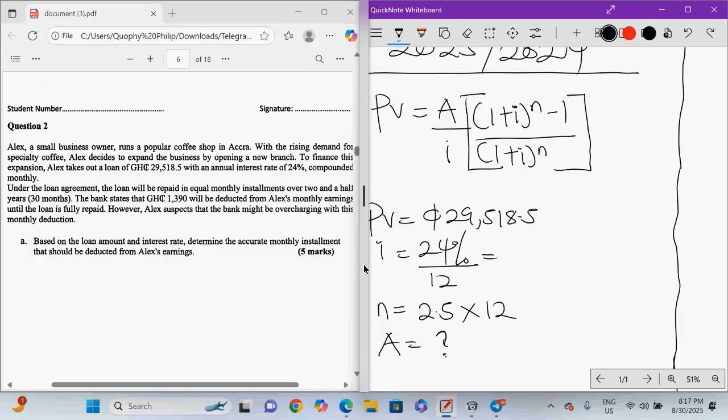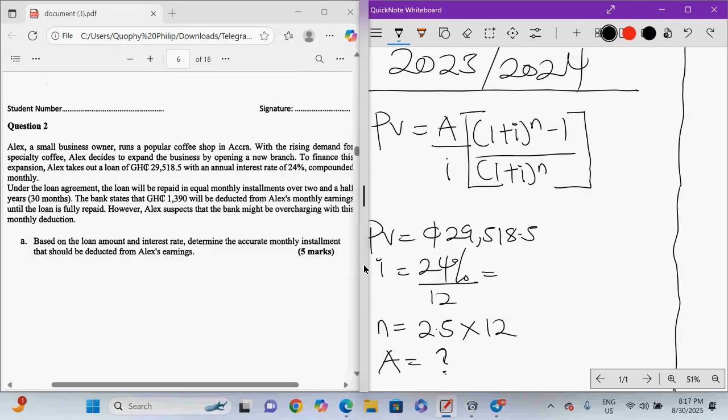So from this formula, we can make A the subject. Making A the subject, it means that this I will go and multiply the PV, giving us PV times I. Then we divide the whole of this by this formula, and we divide the left-hand side also by the same formula. Then this one will cancel this.